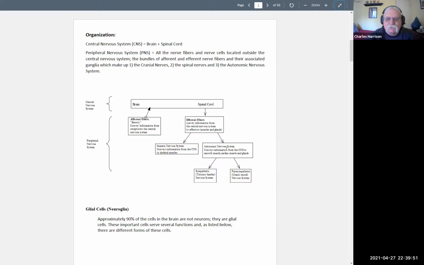The other is the involuntary nervous system, also known as the autonomic nervous system. The autonomic nervous system, we have since learned, is divided into two parts as well. The sympathetic, also known as the thoracolumbar system, and the parasympathetic, the craniosacral. Okay.